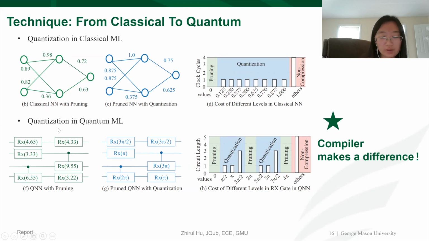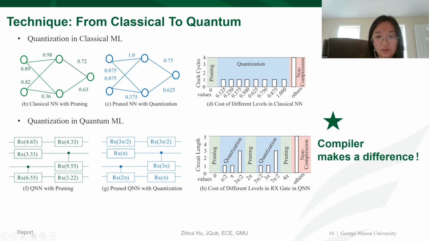What is different in quantum pruning? It is the compiler. For a single gate, the gate with different parameters will be compiled to different circuit lengths.